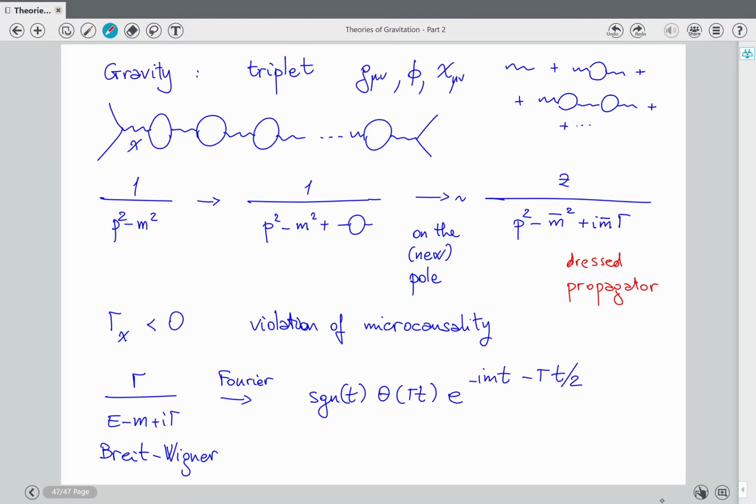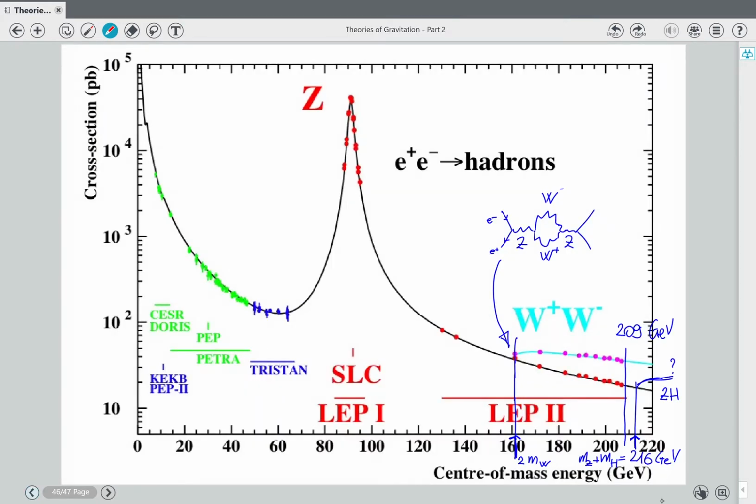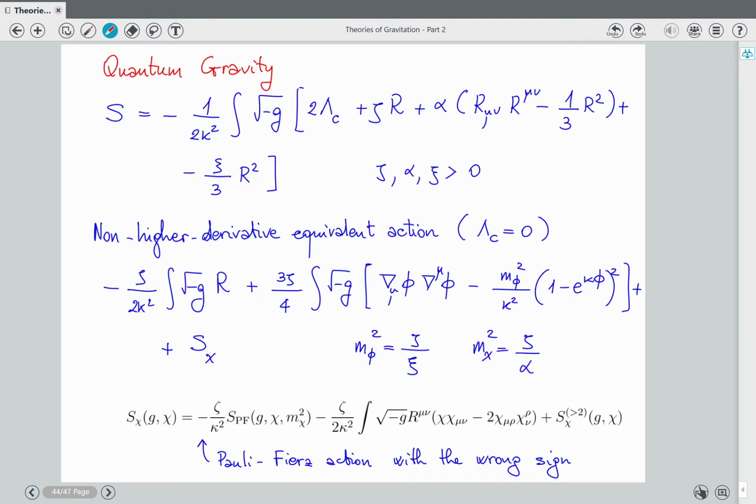But in general, here you can have any kind of particle, because gravity can be coupled to the standard model in a very straightforward way. Just add the standard model action here, covariantized, and that's it. So this is a renormalizable and unitary theory of all four forces of nature.